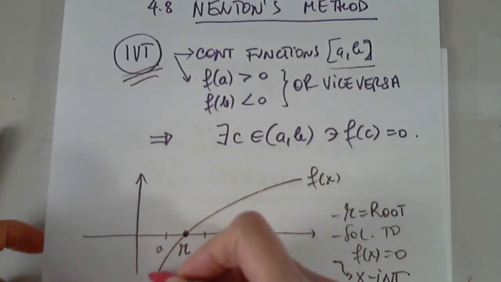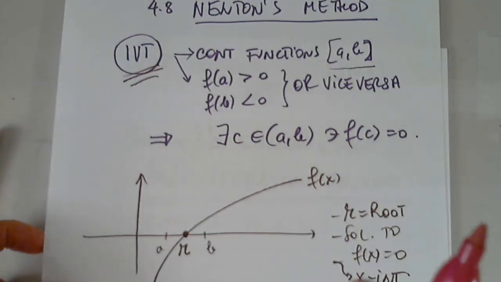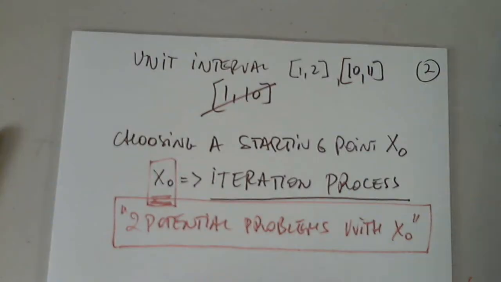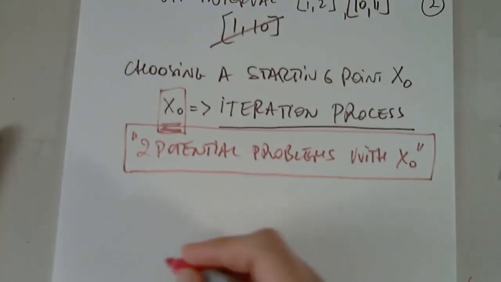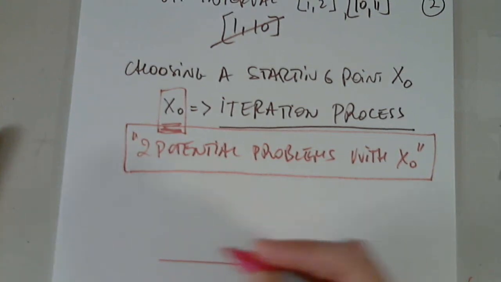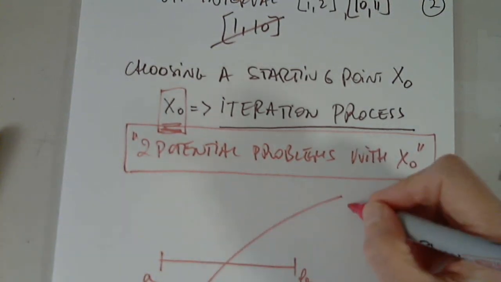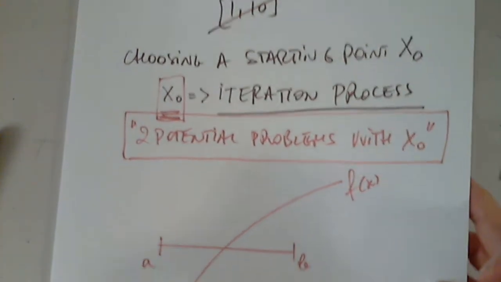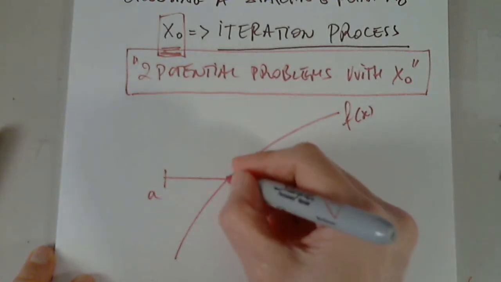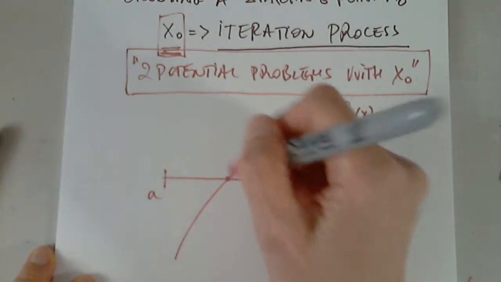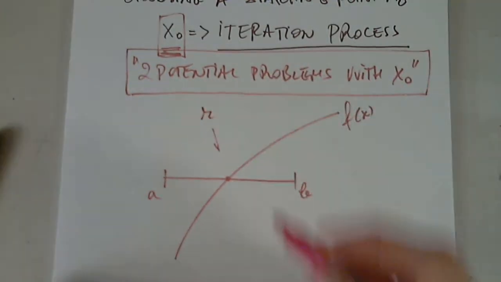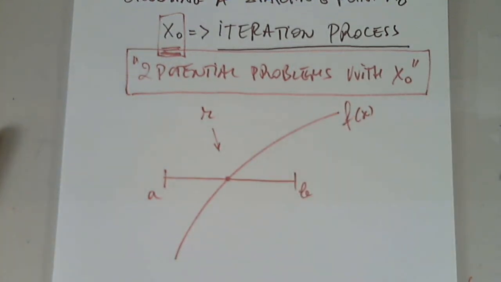I'm going to zoom in here, take this piece on the next page, because it's too close. So this is the interval a comma b. Here's the graph of the function. And this is the solution that I'm looking for. And this is the r. I don't want to be too close because I need space.